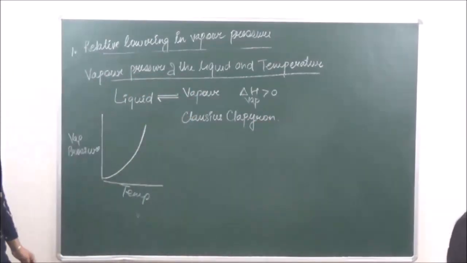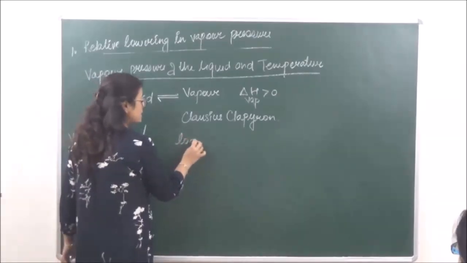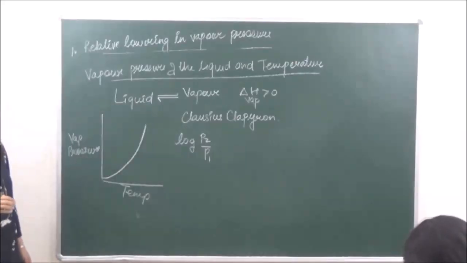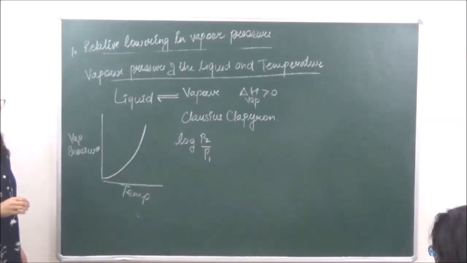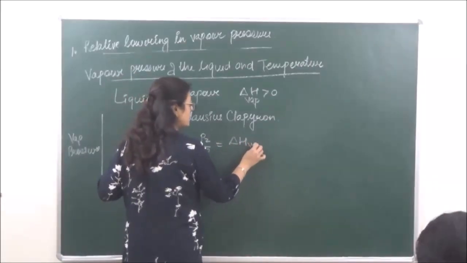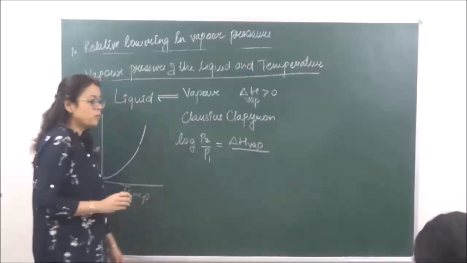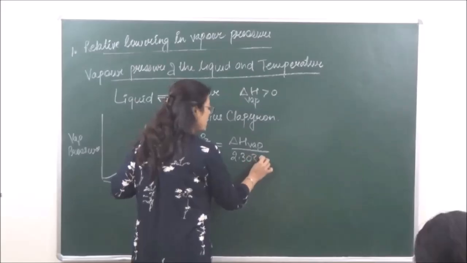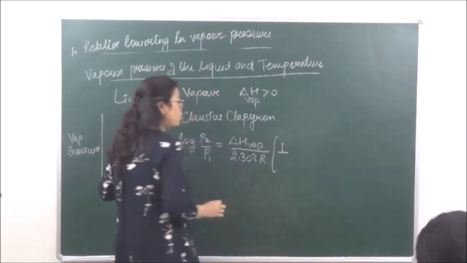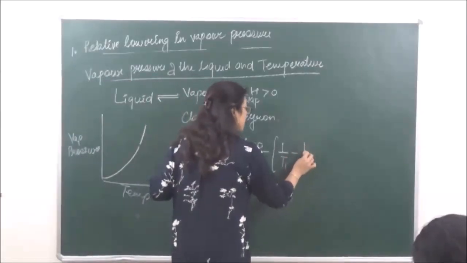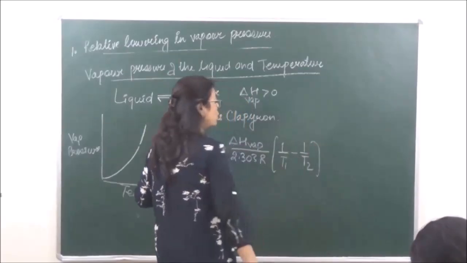According to the Clausius-Clapeyron equation, log of P2 upon P1, where P2 is the pressure at temperature T2 and P1 is the pressure at temperature T1, is equal to delta H vaporization upon 2.303 R into (1 upon T1 minus 1 upon T2).